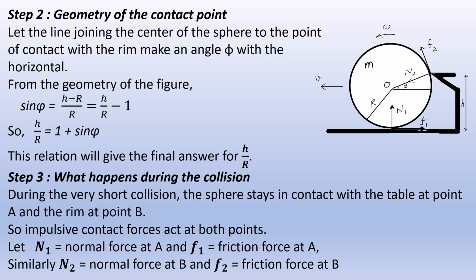At point A, we have N1 as the normal reaction and F1 as the frictional force. Similarly, at point B, N2 is the normal reaction and F2 is the friction force. And these impulsive normal and frictional forces are the actual forces that will control whether the sphere slips or does not slip during the collision.